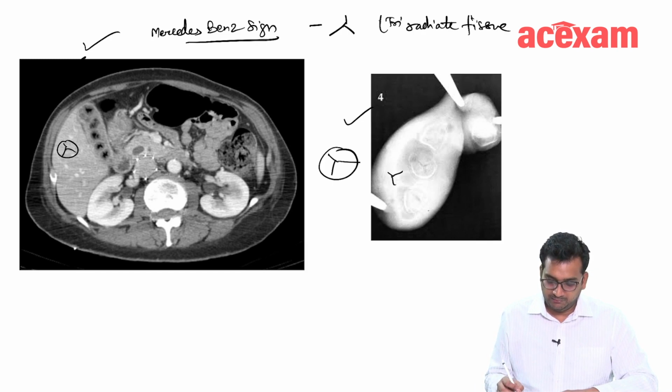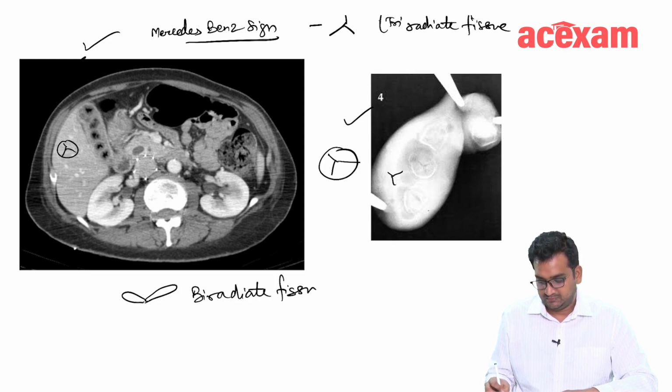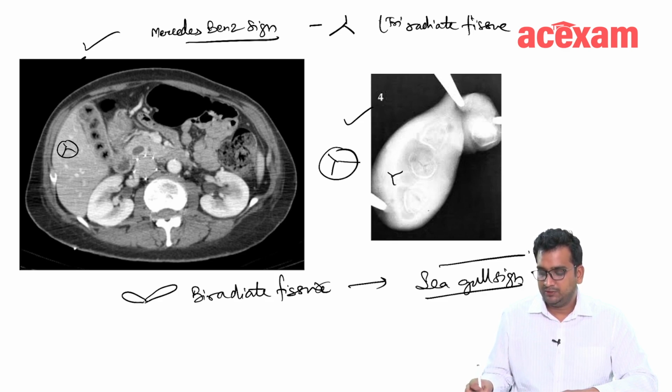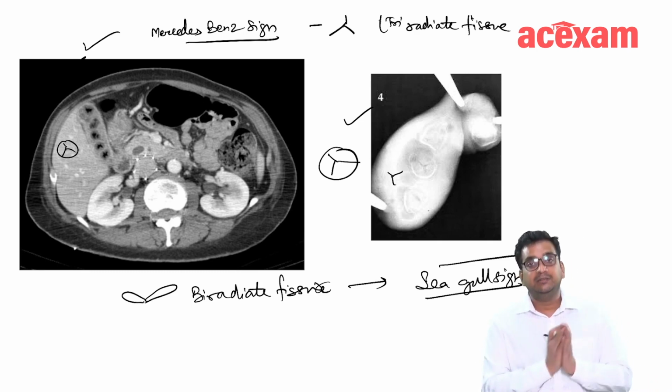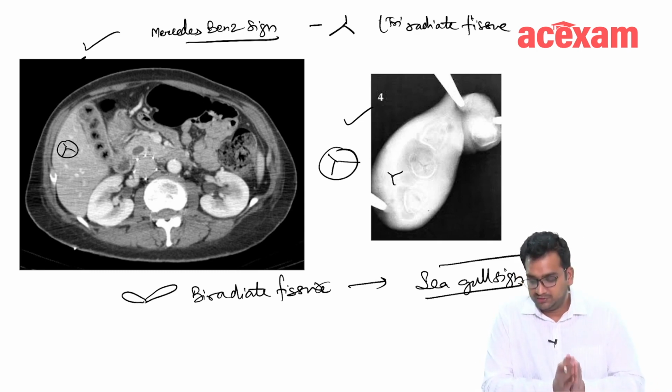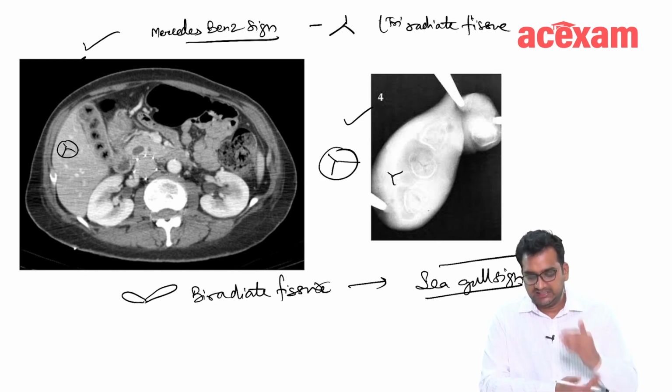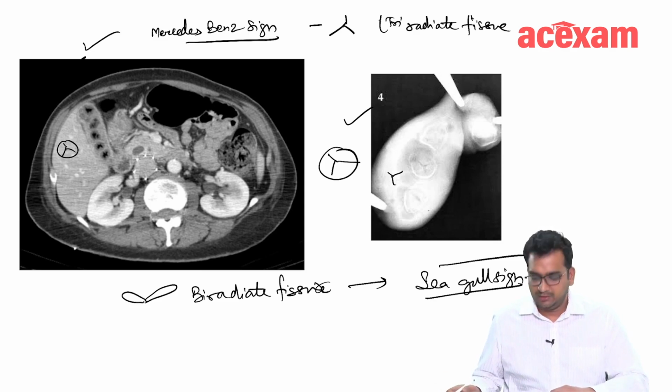Sometimes there is presence of a biradiate fissure, which is known as a seagull sign. So the MCQ which comes like this: Mercedes-Benz sign is seen in gallbladder stones. Seagull sign is seen in gallbladder stones. A seagull sign is an example of a biradiate fissure of a gallbladder stone.